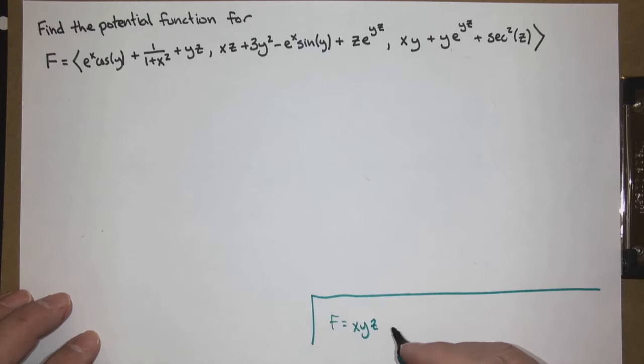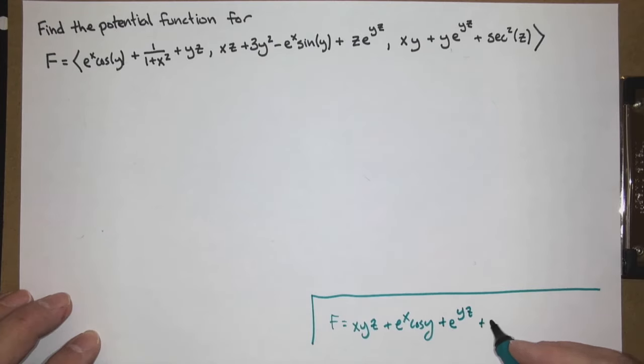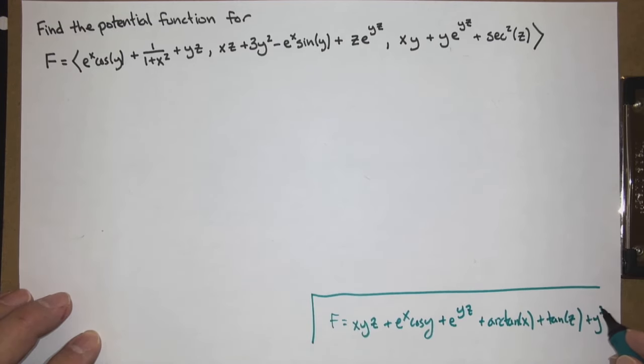E to the x cosine y. Okay. Anything else? And e to the yz. Yep, that'll be there. Anything else? Arctangent x. Gotta love that. Anything else? Tangent z. Anything else? A y cubed. Anything else?